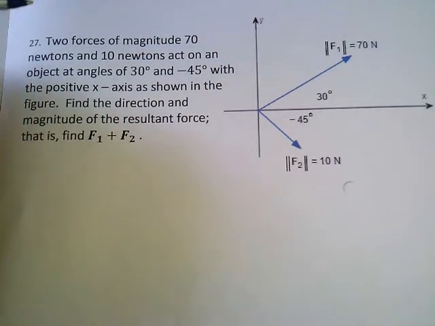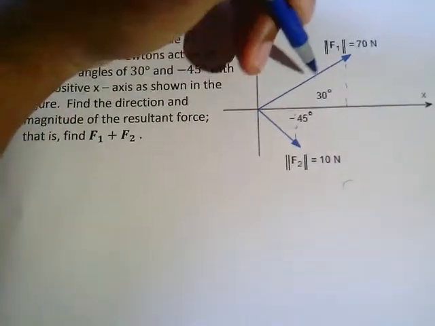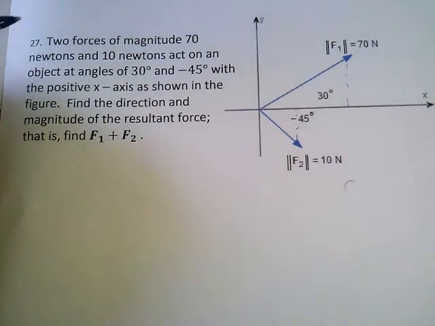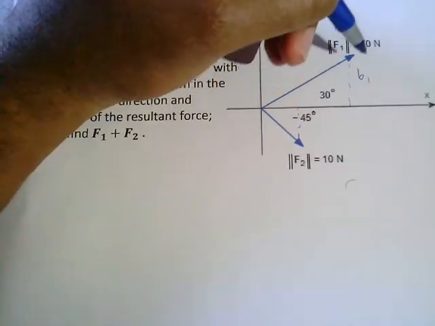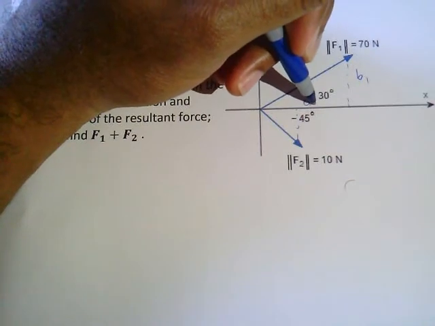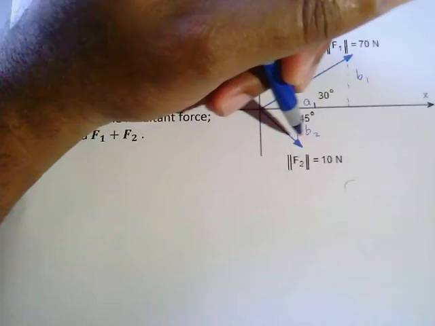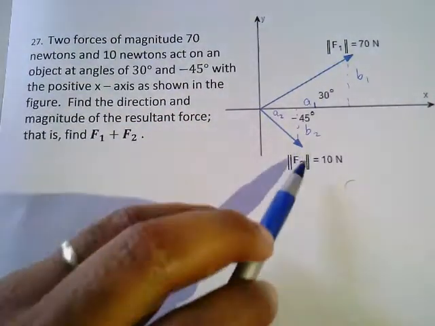So we need to find our component vectors for these two, and we're going to add them together to figure out what the resulting force is. So we need to figure out what the horizontal and vertical components of F1 are. We'll call that A1 and B1, and then we're going to find B2 and A2 for our second force.